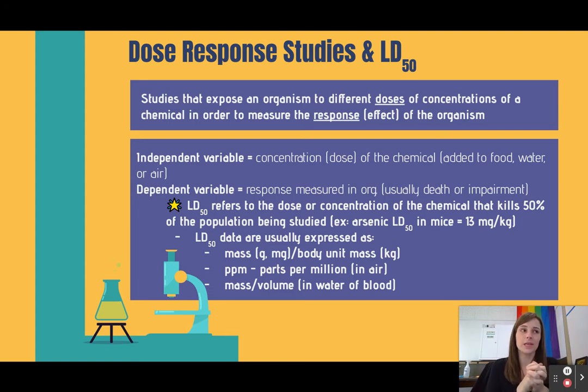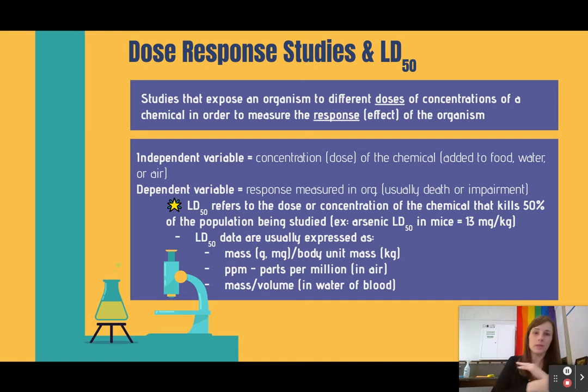Now, LD50 is a specific term. It's a measurement of the dose or concentration of the chemical that will kill 50% of the population being studied. So for example, arsenic's LD50 in mice is 13 milligrams per kilogram. A mouse isn't going to be a kilogram, that's a lot, but you would take smaller amounts, like convert it to grams and all of that.